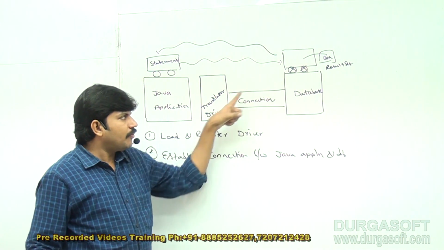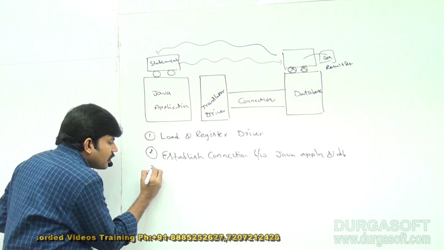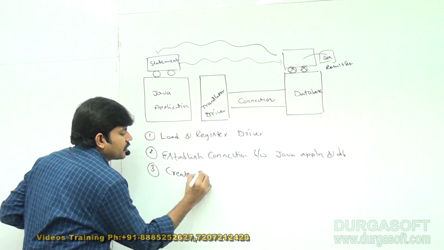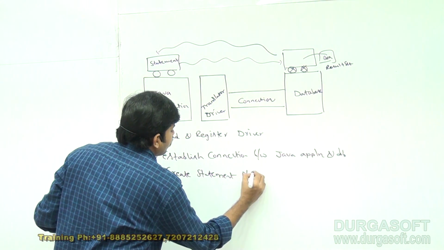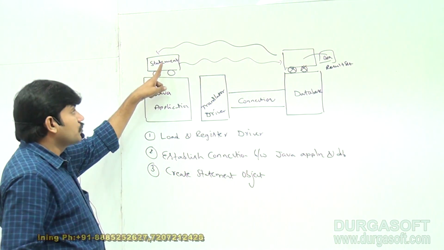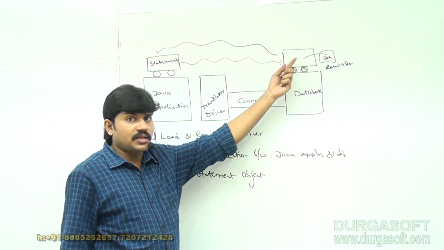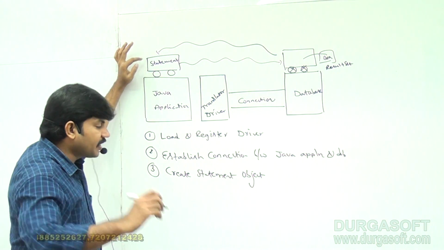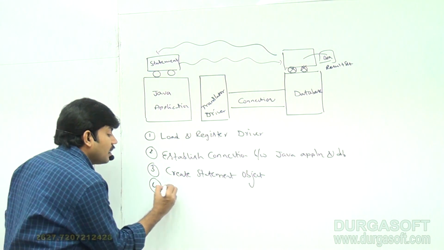We have to think about the connection. What is the third one? Create statement object. What is the purpose of the statement object? To send our SQL query to the database and to bring the results from the database to the Java application. Some vehicle must be required, and that vehicle is nothing but the statement.